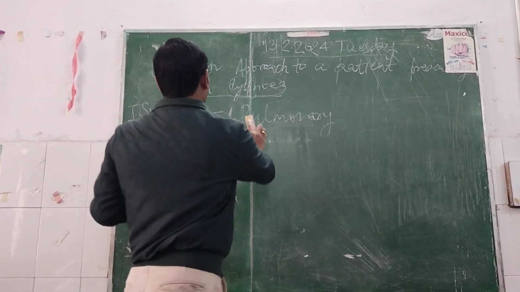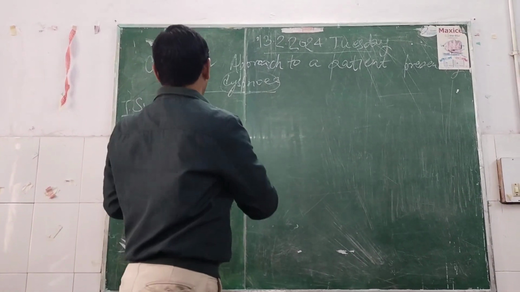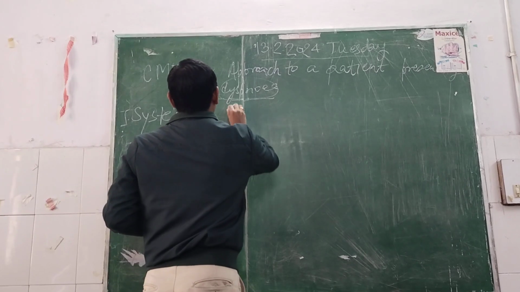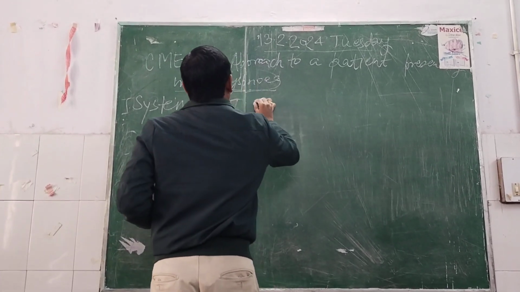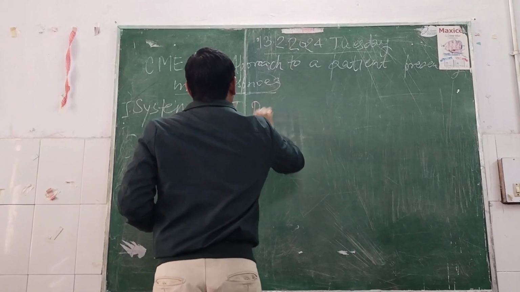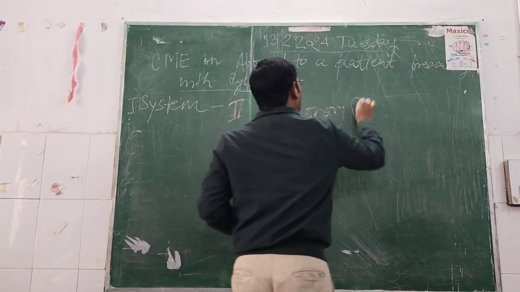So, number 2 system is pulmonary and cardiac.